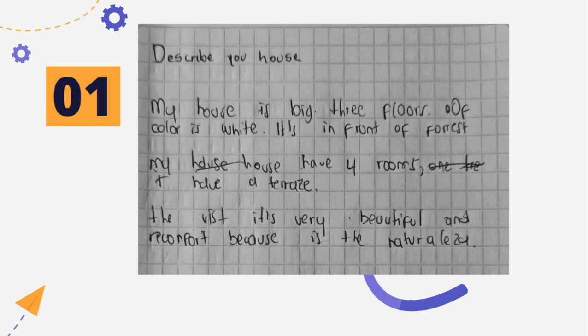So there is no transfer from the native language, it is just an interlanguage error. Then we have "it's in front of forest." That's again an interlanguage error. It's forest with just one R and a double forest.